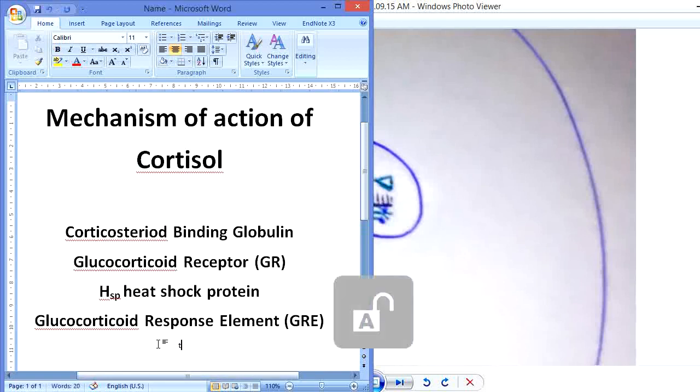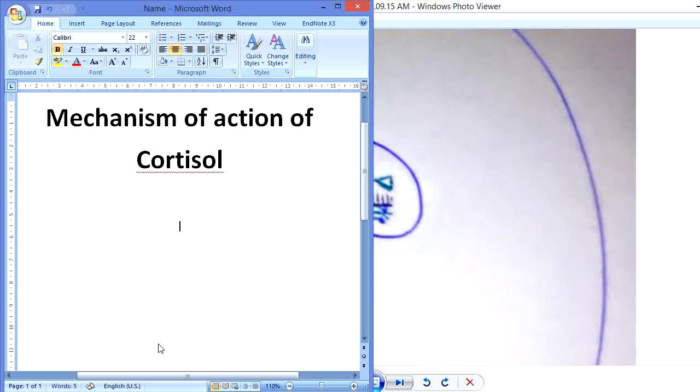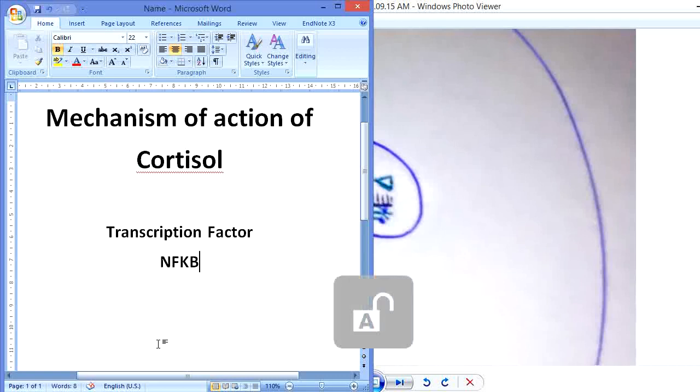Some are physiological, some are pathological. The pathological transcription factor, the best example, should be NF-KB.